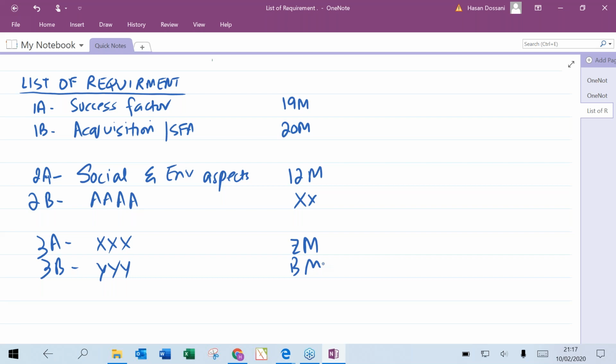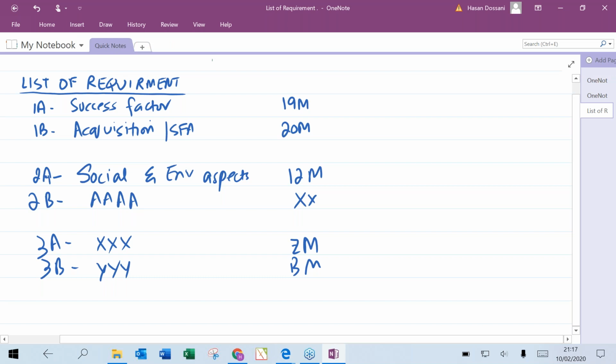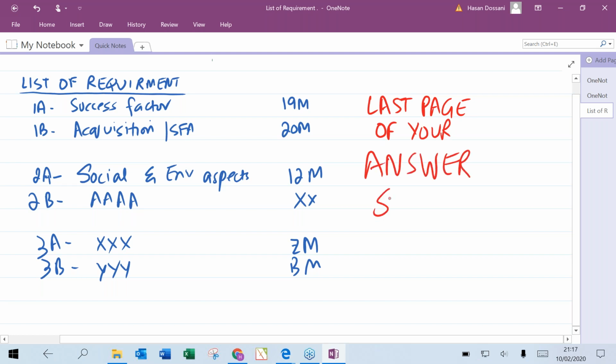Now the next big question is, where do you make this list? This list will be made on the last page of your answer sheet.